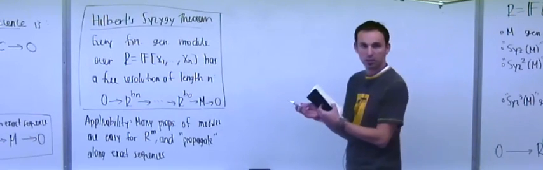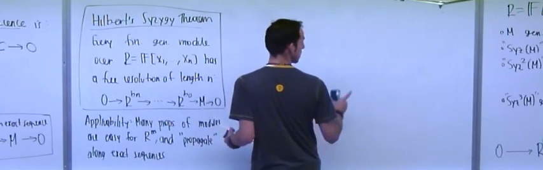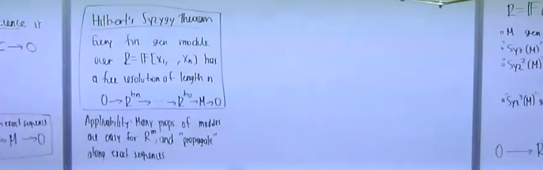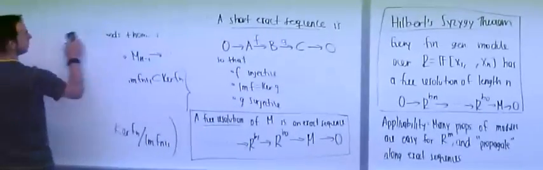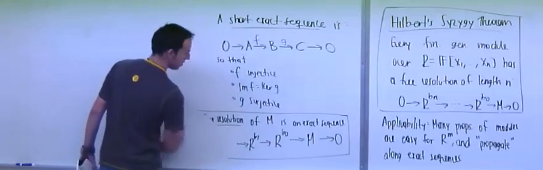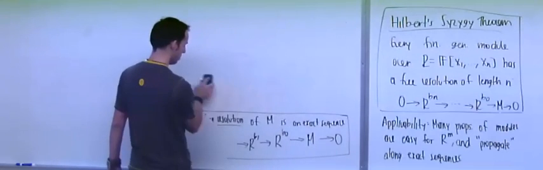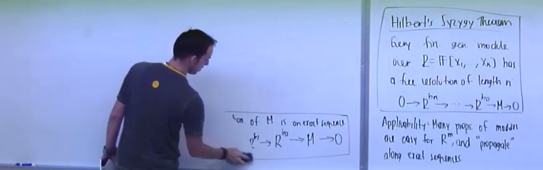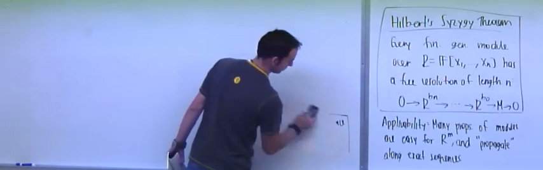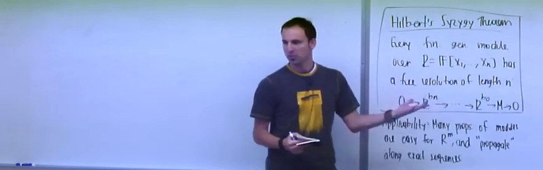So let's go ahead and prove this theorem. I want to keep this. Let's do it over here. So this is a nice theorem, theoretically, but it would also be good if not only do we know that this free resolution exists, but if I also tell you how to compute it.